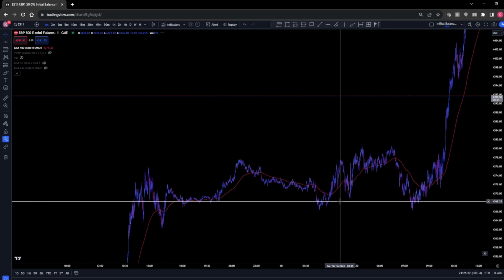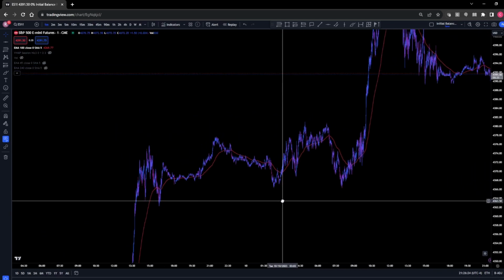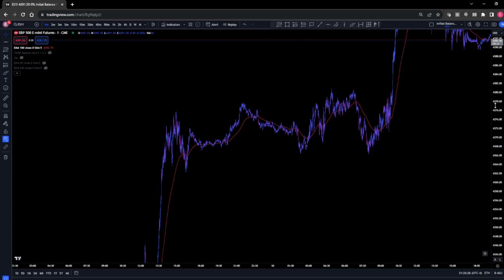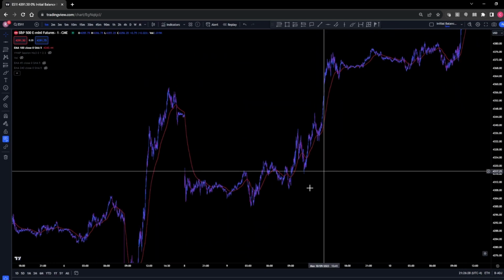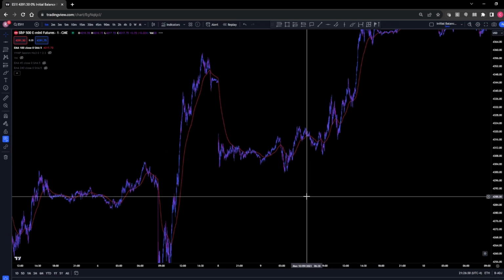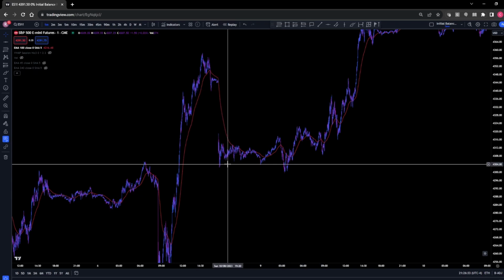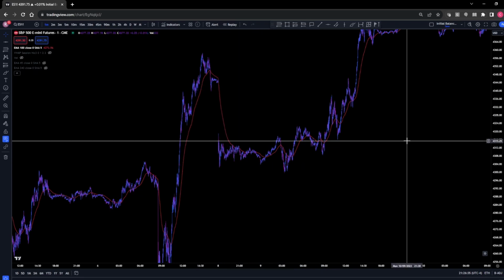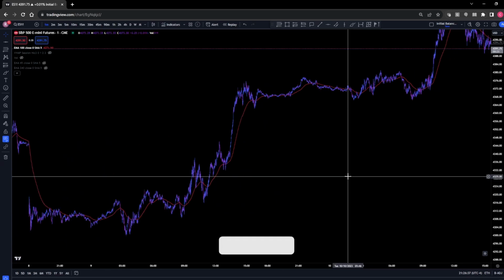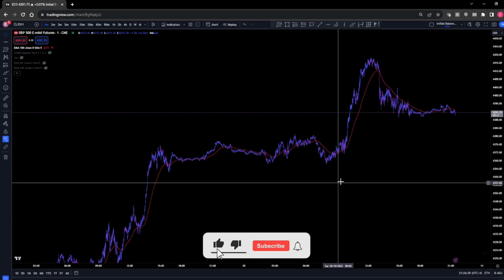First, just looking at the daily structure and how we were setting up, we can see that we had quite a few bullish days getting into this day, including a gap down due to the conflict going on right now between Israel and Palestine.